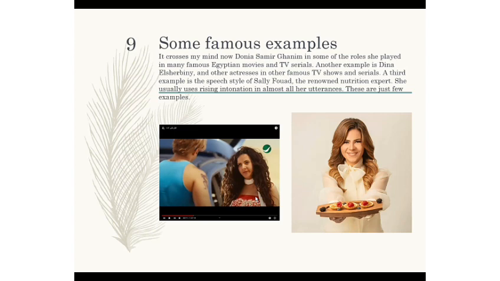We have also Dina Sherbini and other actresses in some famous TV shows and serials. And the third example is the style of Sally Fouad, the renowned nutrition expert. She usually uses rising intonation in almost all her utterances, and these are just a few examples.